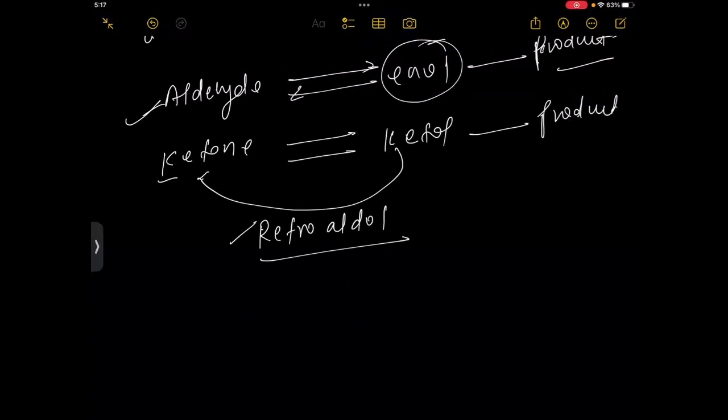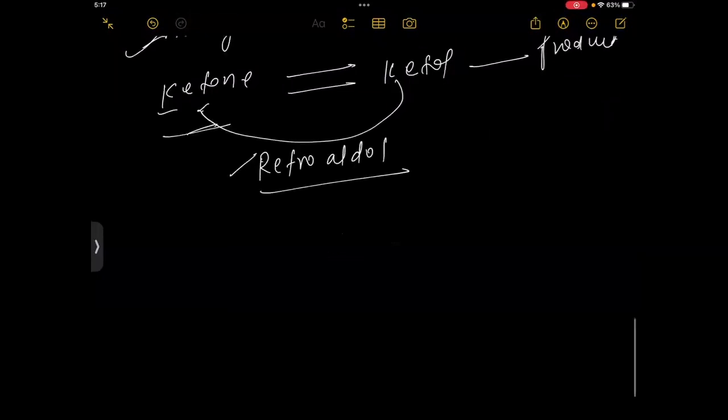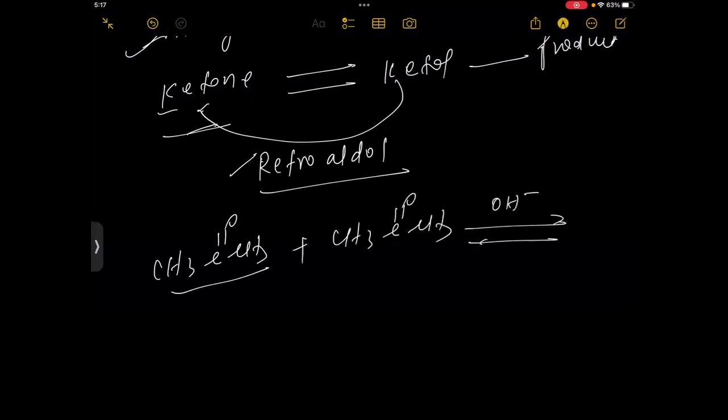See here, students, suppose we have one reaction, and I write it here: CH3COCH3. The retroaldol concept will be clear through one more example: CH3COCH3, and here OH will be there.